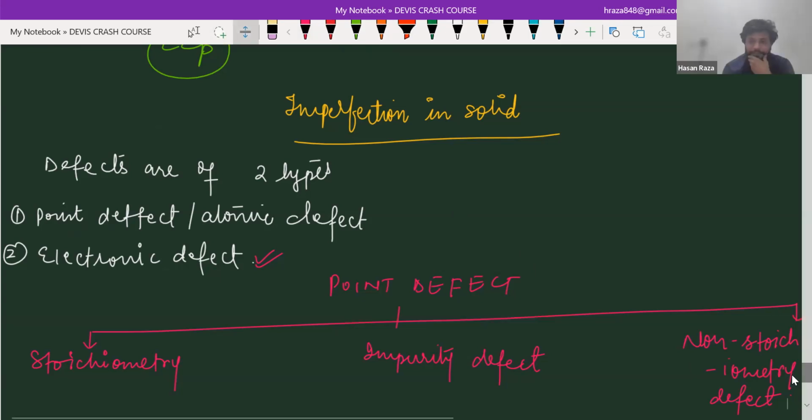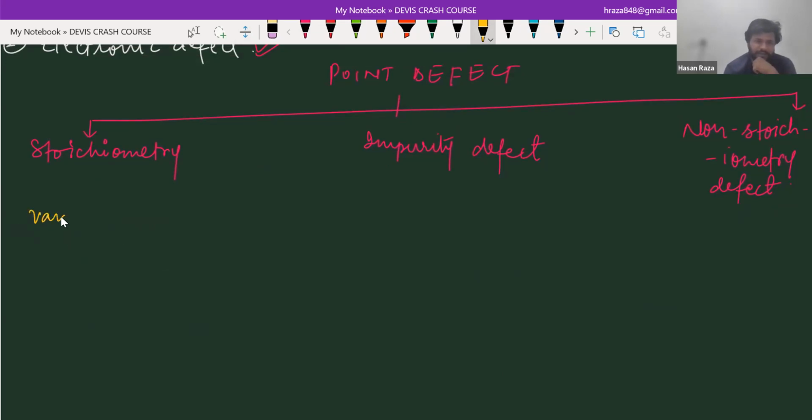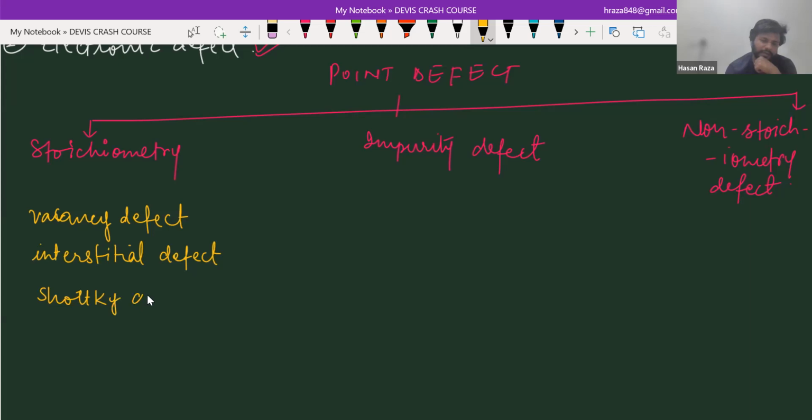Now see, this stoichiometric defect has four types: vacancy defect, then interstitial defect, then Schottky defect, and then Frenkel defect.